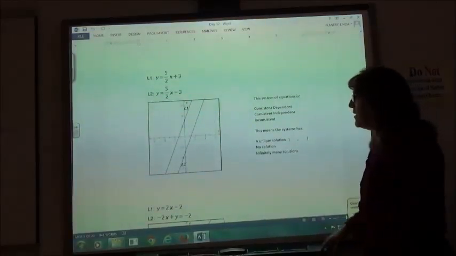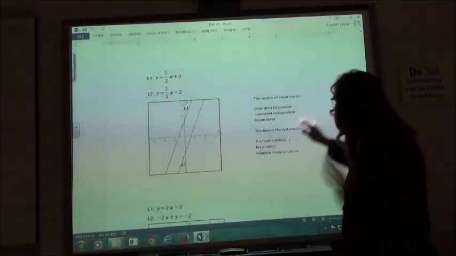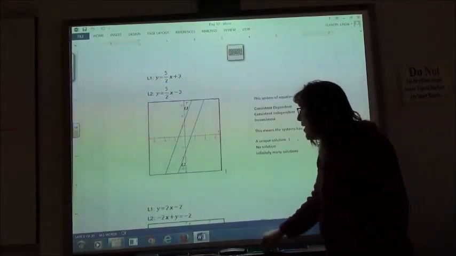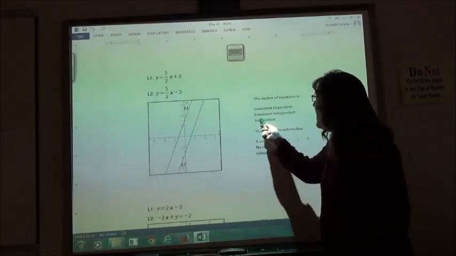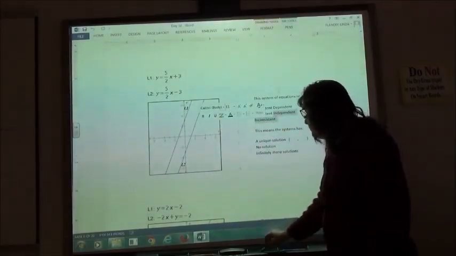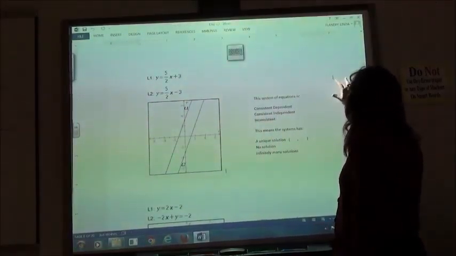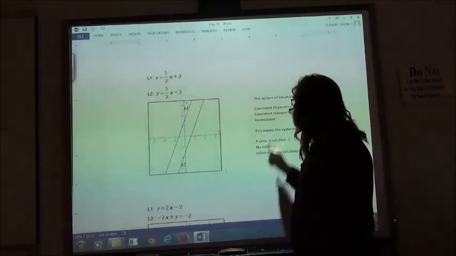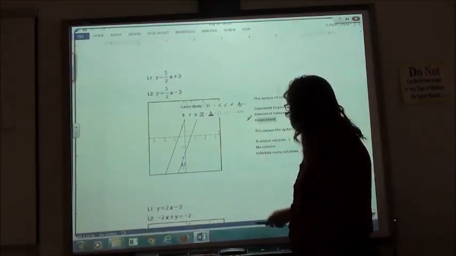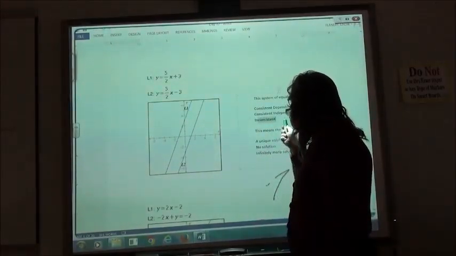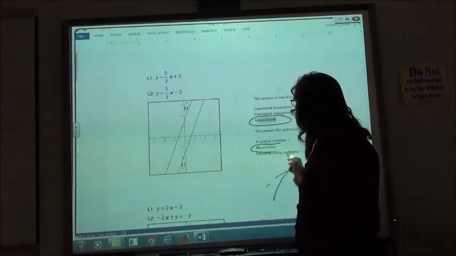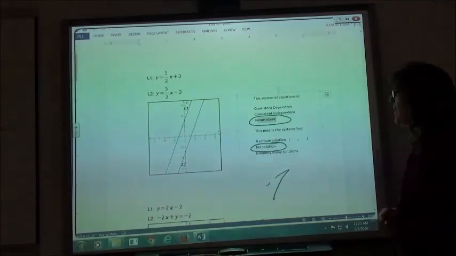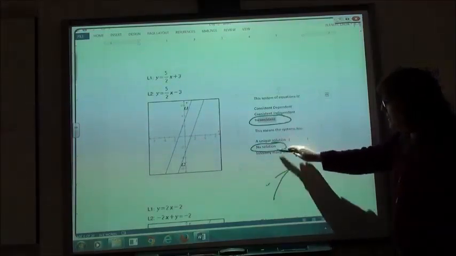The next ones, we have two lines that are parallel. If we have two lines that are parallel, those are the ones that are inconsistent. Inconsistent, and will have no solution. So if my lines are parallel, inconsistent, no solution.